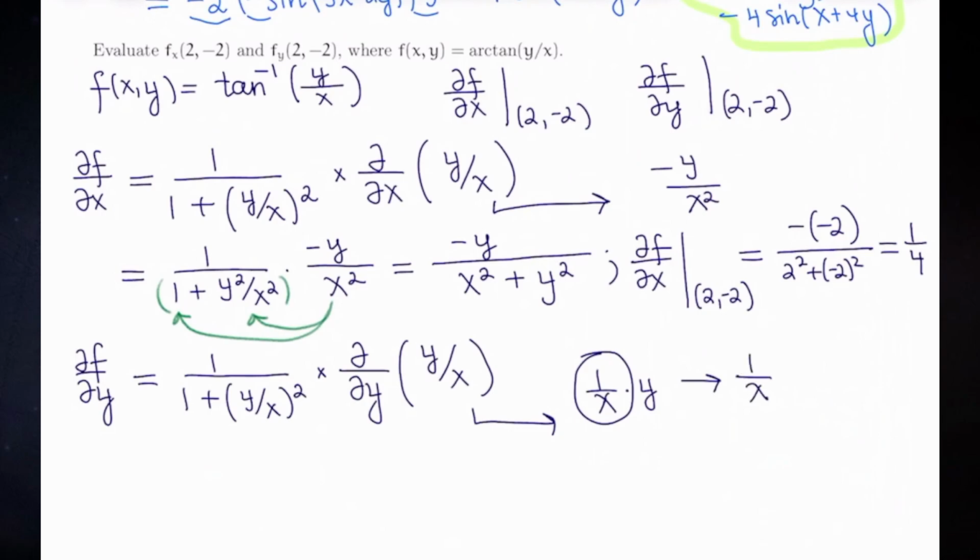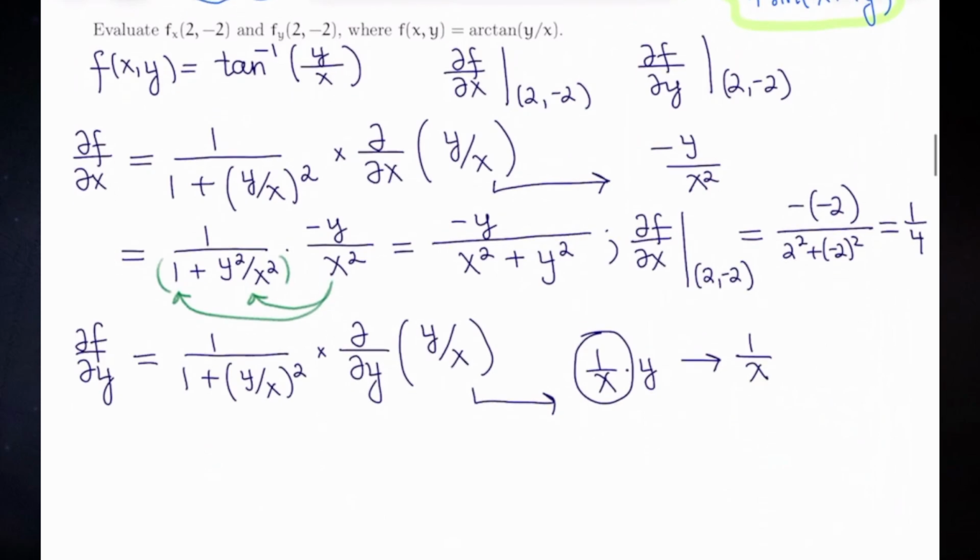Okay? All right, so this becomes 1 over 1 plus y squared over x squared times 1 over x. And to simplify this, I'm going to use this trick where I multiply top and bottom by x. We can do that because we know that x is not equal to 0 for sure. Otherwise, this whole thing is undefined.